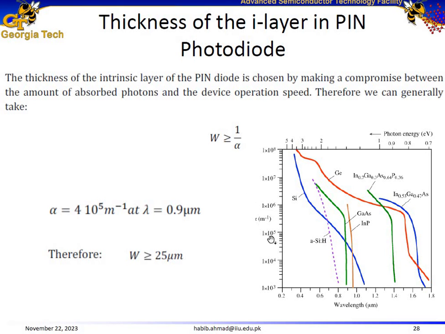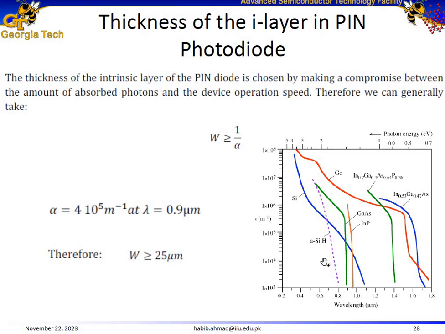As we know, at shorter wavelengths we have a high absorption coefficient, so shorter wavelength light is going to travel shallower into the semiconductor, but longer wavelength light is going to travel deeper into the semiconductor. So for the thickness of the I layer, we know that penetration depth or absorption depth is the reciprocal of the absorption coefficient, equal to 1 over alpha.